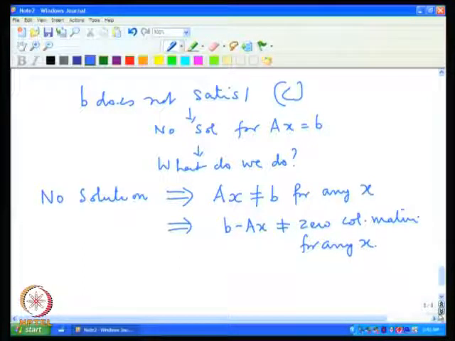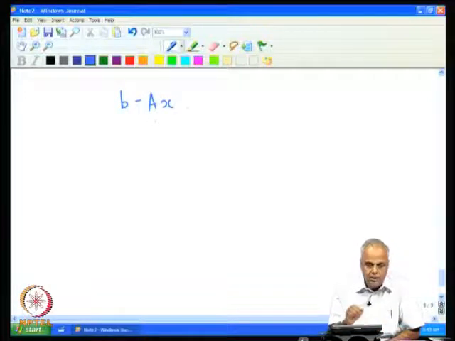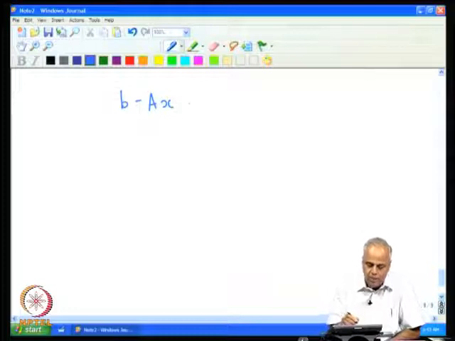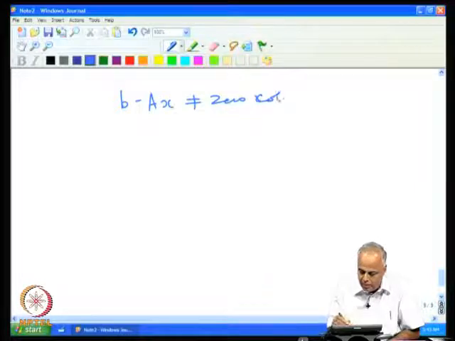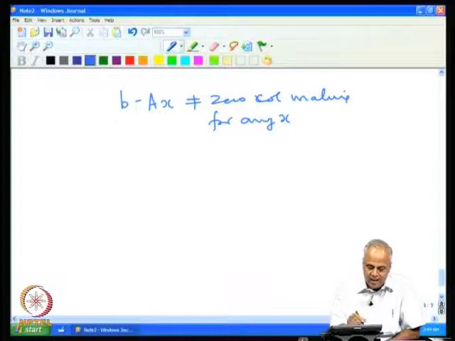If I look at B minus Ax, I would have liked this to be 0 if x were a solution, but since x cannot be a solution for any x, B minus Ax is not equal to the 0 column matrix for any x, and therefore, if we take x as a solution, there is going to be an error. That error is given by this difference B minus Ax.